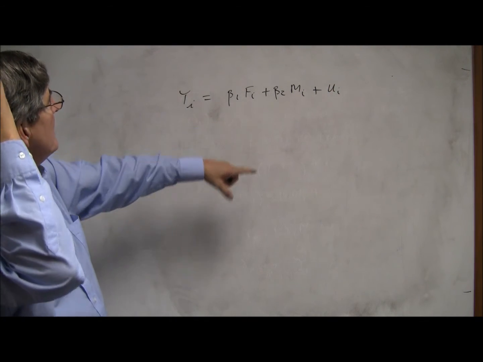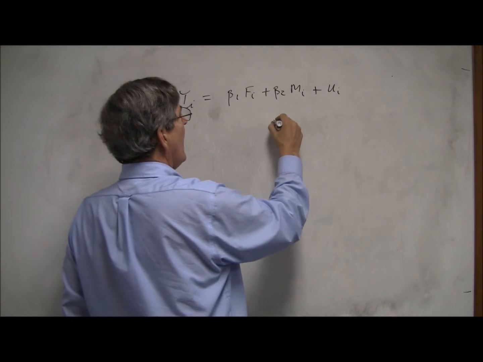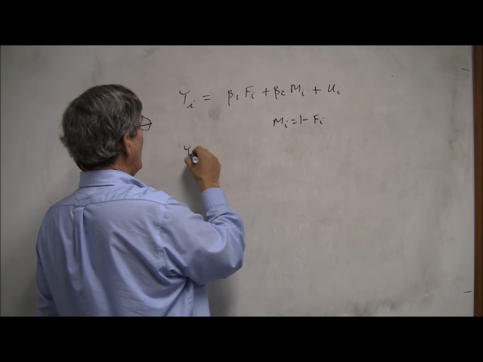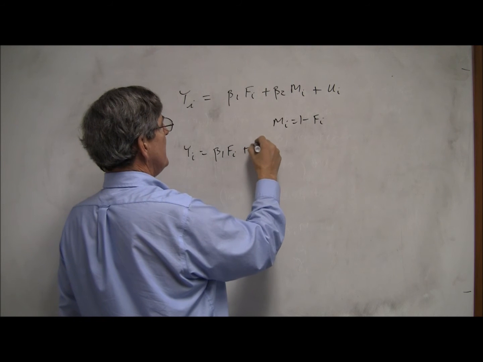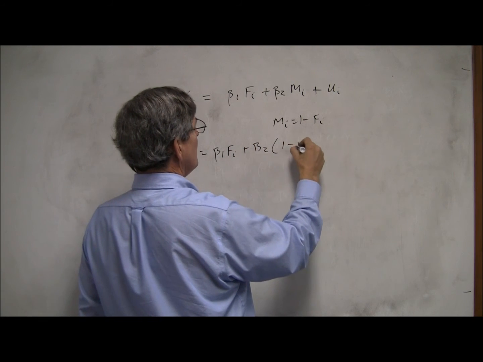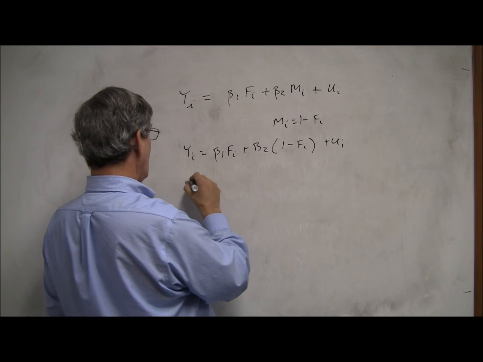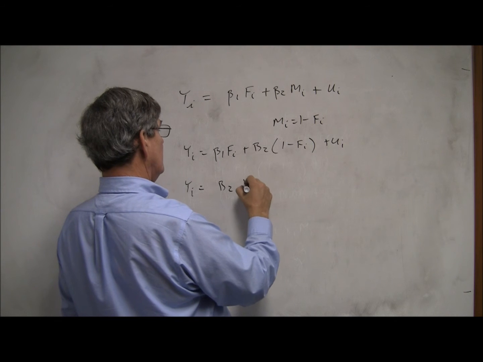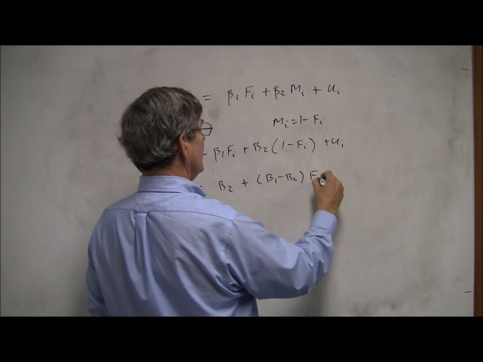Now, how is that related to the first regression? Well, remember that mi is 1 minus fi. So yi is beta 1 fi plus beta 2 times 1 minus fi plus ui. So here you would get that yi equals beta 2 plus beta 1 minus beta 2 times fi.